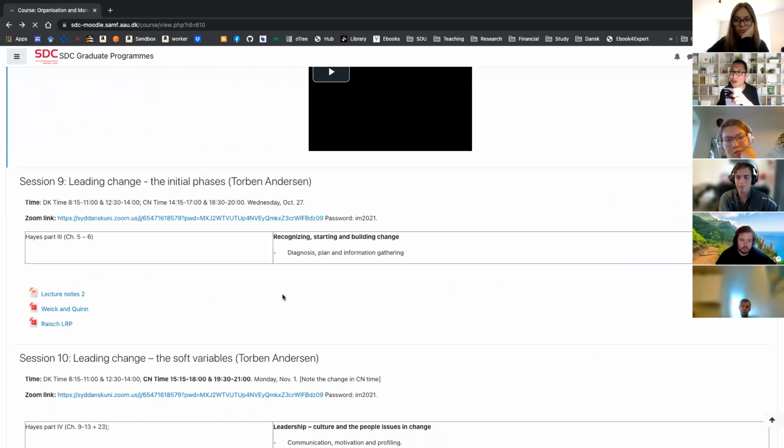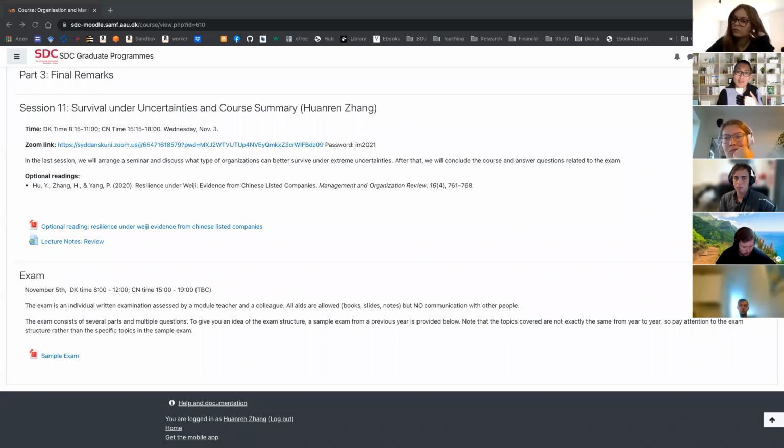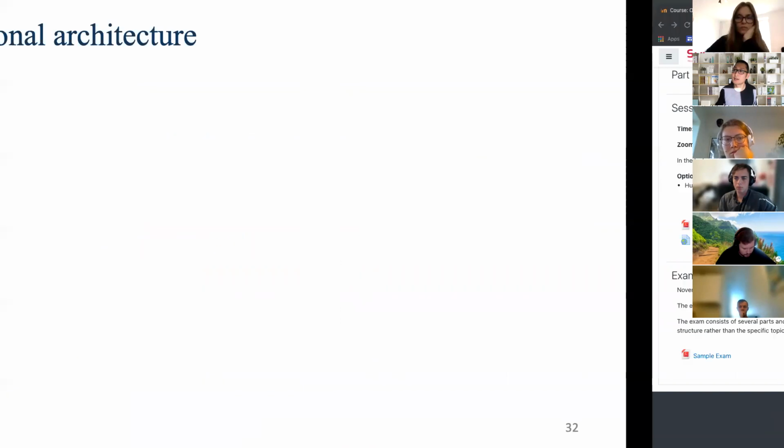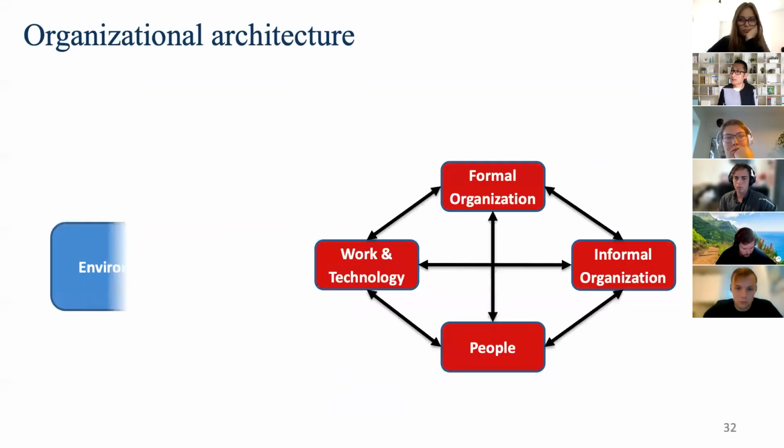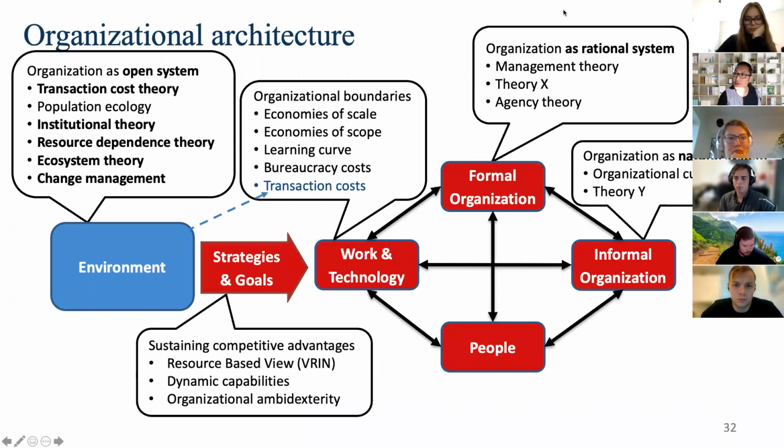But for now, what I recommend you to do after today's class and before Friday is just go through these slides, following this architecture, and at least have a brief understanding of what these corresponding theories mean and how to apply them.